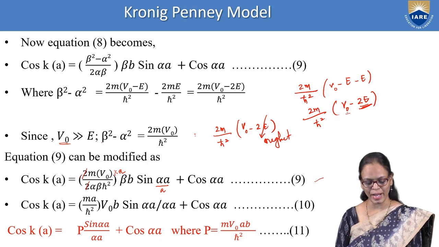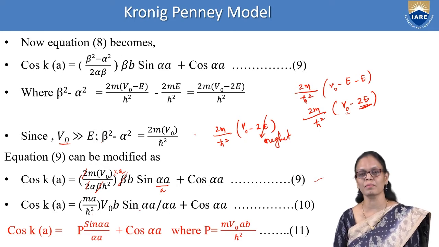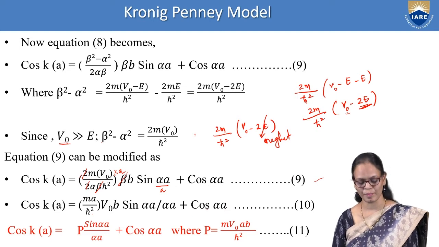So we have ma by h cross square into V naught b, into sin alpha a. Beta is also cancelled. So what we are left with is m V naught a b by h cross square into alpha a in the denominator. So we are writing it as ma by h cross square V naught b into sin alpha a by alpha a plus cos alpha a.